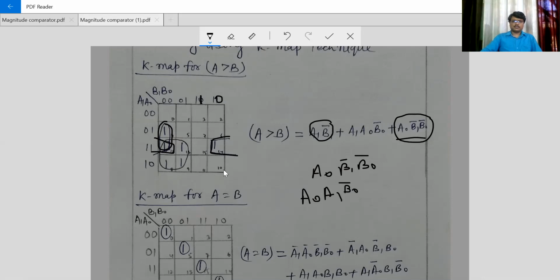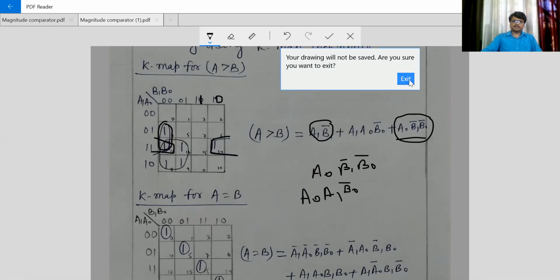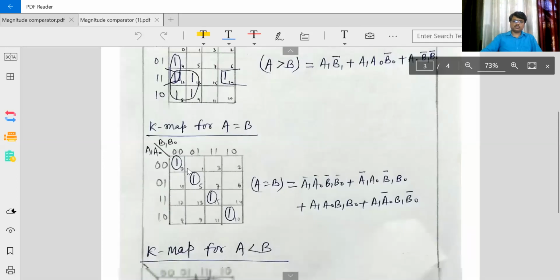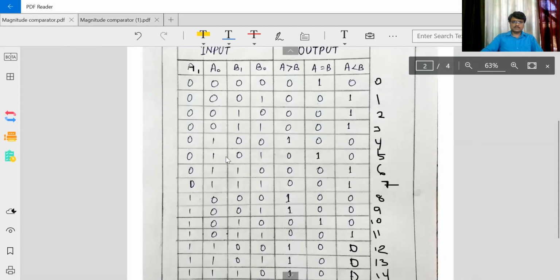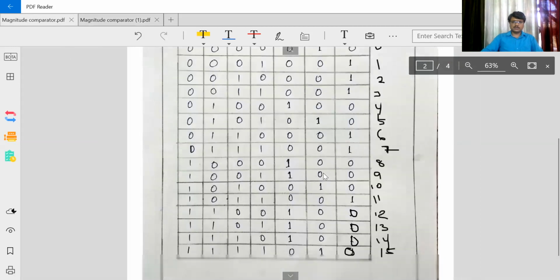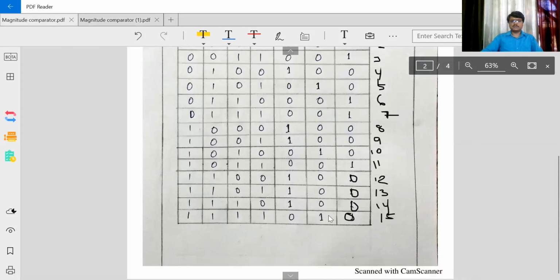Likewise, we can make the truth table for A equal to B. So for A equal to B, what is the possibility? This 0 0 0 0 is equal, this 0 1 0 1 is equal, this 1 0 1 0 is equal, and this 1 1 1 1 is equal.